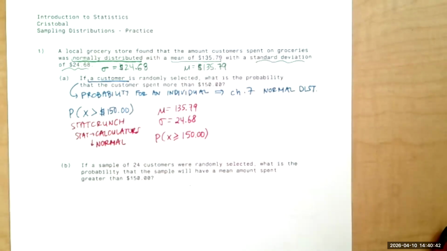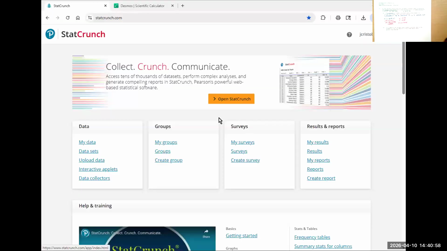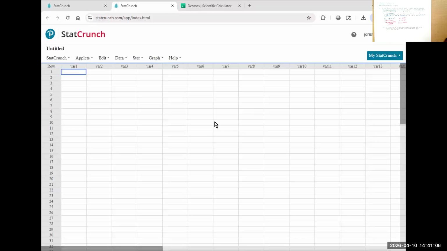Let me share my StatCrunch. You can access that through your Pearson MyLab Mastering through Canvas, and likewise we should have the link on our Canvas page.